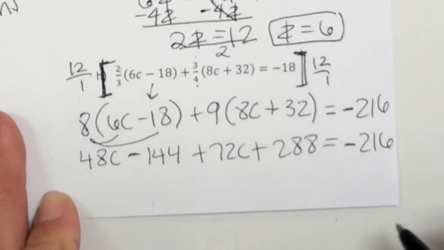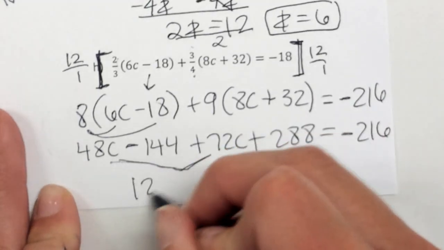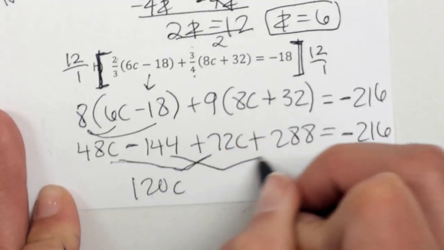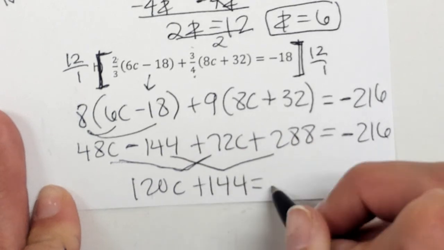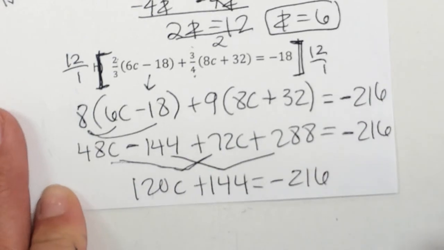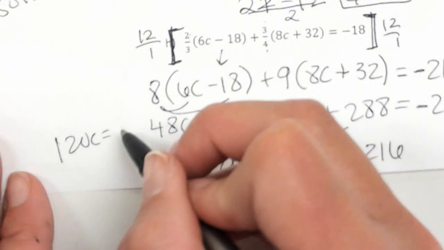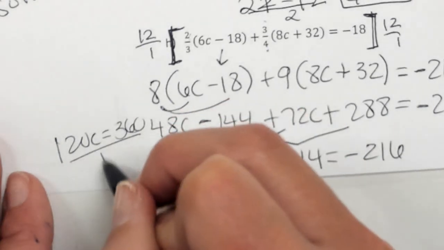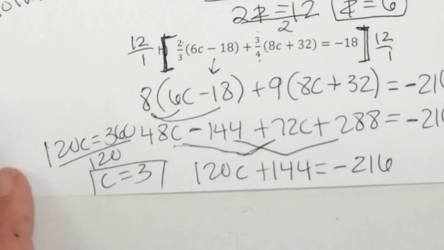When it combines the 48c and 72c, 140c. And negative 144 plus 288 is 144 minus 216. So negative 216. You're good. 140c is 60. And you divide that, it's negative 3. Very good. Alright, I know we had to go through that quickly because we're running out of time.